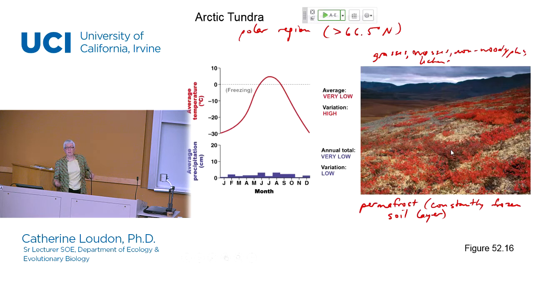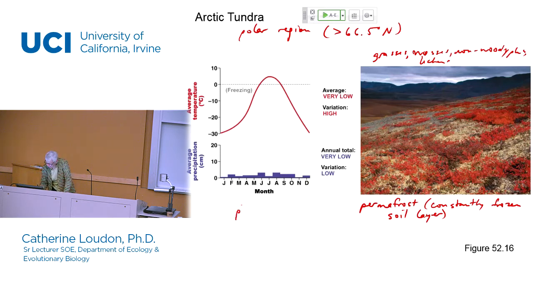And so this makes it very difficult then for plant roots to go very deep because they hit this frozen area, this permafrost, and they can't go any farther. So this is the part that never, ever during the year thaws out. So yes, the air temperature is above freezing briefly, which means the very top layer of soil will thaw, but when you go down deeper in the soil, you hit the so-called permafrost layer.